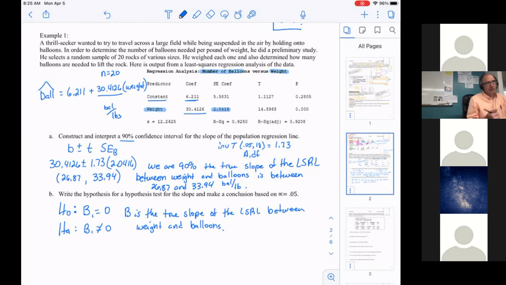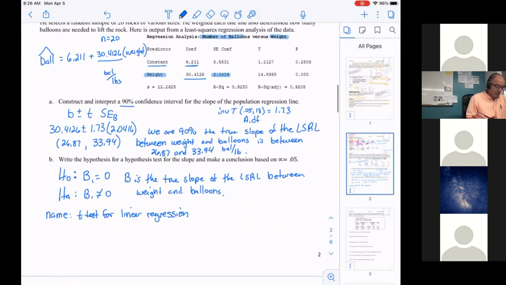If we were doing phantoms, this is where we'd list out anything that we'd want to list out. We'd write out hypothesis statements. Our assumptions we're not going to roll through; I just wanted you to see them. The name of this, if we had to name it, is a t-test for linear regression. It did not tell me to do that, but we might as well just throw it in there.